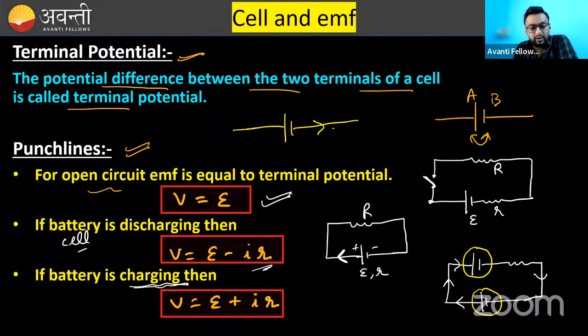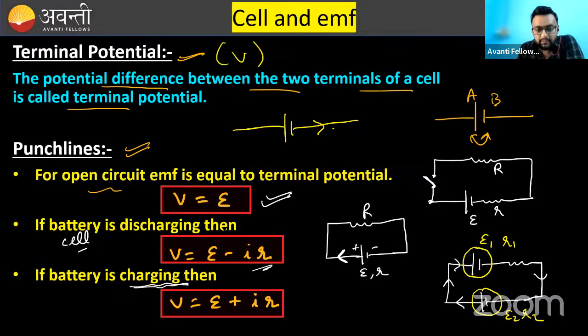Okay, I understand your question now. For example, this is cell E1 R1, this is E2 R2. You are asking how we can write the terminal potential.